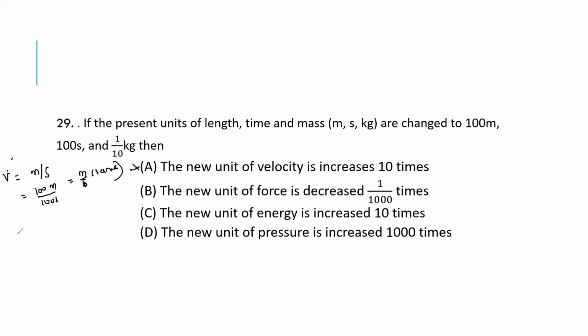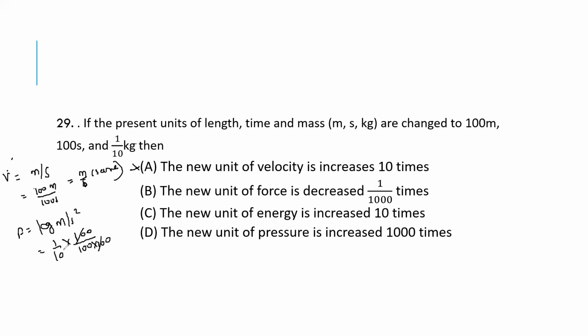Next, force. Force is given by kg meter per second square. Here the mass changes to 1 by 10 kg, length to 100 meter, divided by time, which is 100 seconds, so it is time square, therefore 100 into 100. So this 100 will get cancelled.